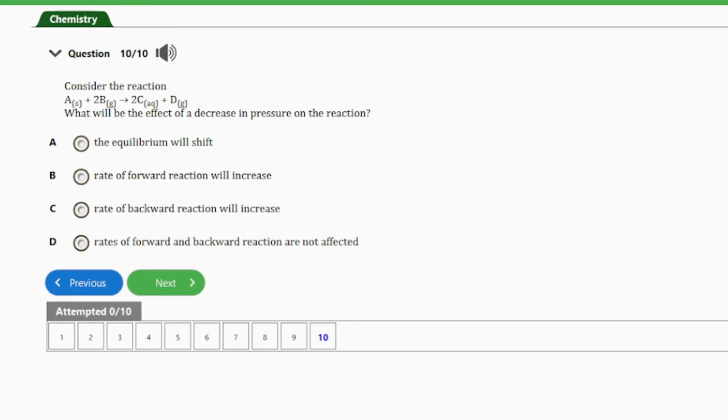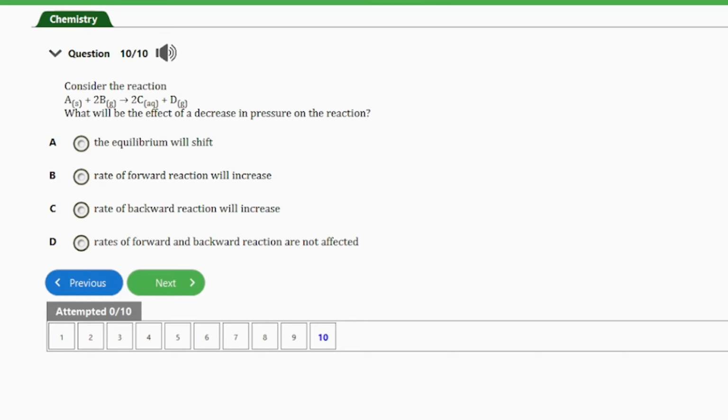The rates of backward reaction will increase if the pressure is decreased in this reaction. So according to Le Chatelier's principle, if a dynamic equilibrium is disturbed by changing the conditions, the position of equilibrium moves to counteract the change. So guys, in this case, the reaction has more moles of gas on the reactant side.